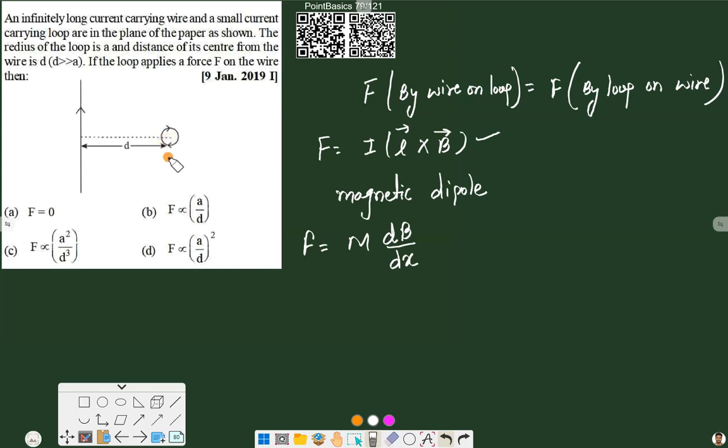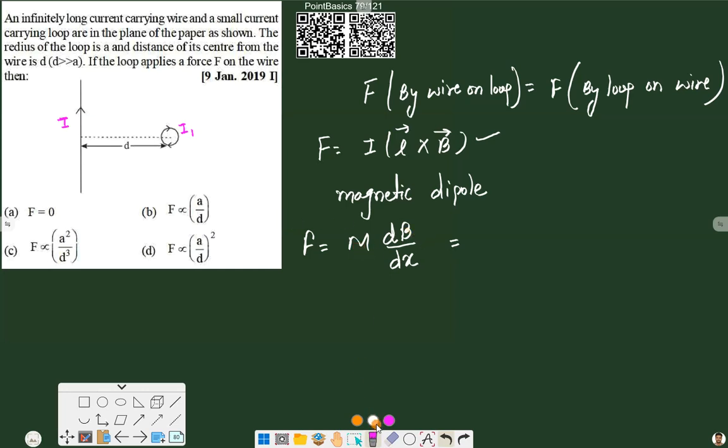So first of all, as it is at d distance from the wire, the magnetic dipole moment will be of this loop, assuming it has a current I1, and the wire has a current I.